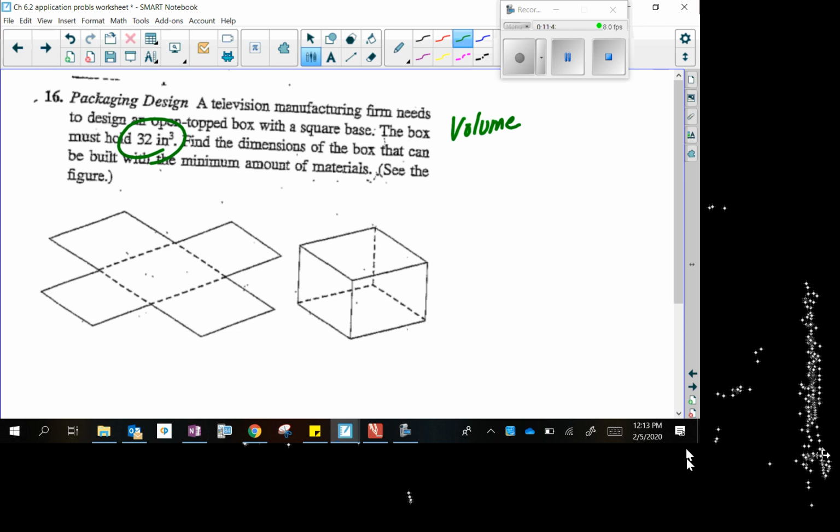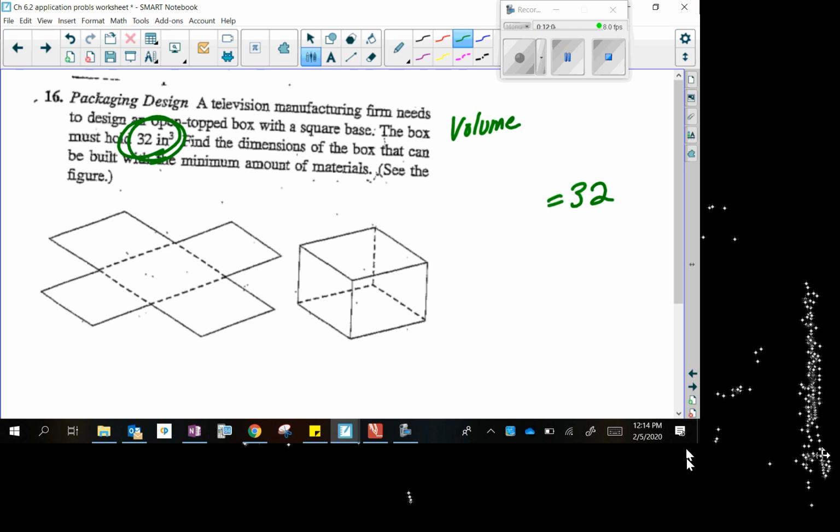So first of all, what is our equation that's going to have an answer to it, like our first equation? We have this 32 inches. So something's going to equal 32, right? Let's go with the first one.